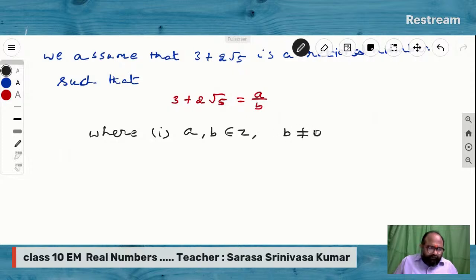This is condition 1. We must assume that a and b are integers and the denominator b is not equal to 0. Now the second condition.